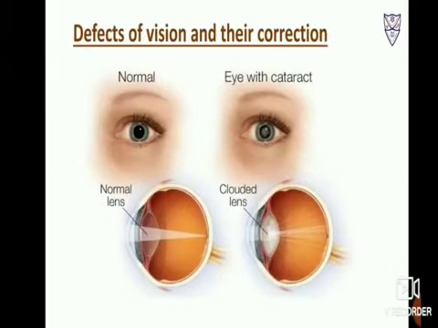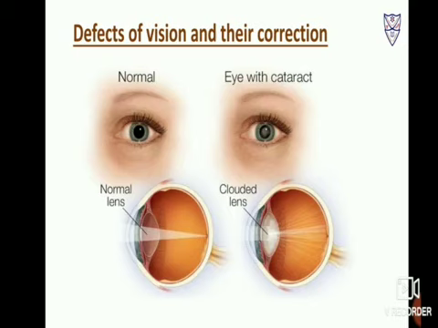Now next is cataract. Cataract is a leading cause of blindness, especially among adults of 45 years of age and older. Here the eye lens is becoming cloudy, which means dull, or not clear.